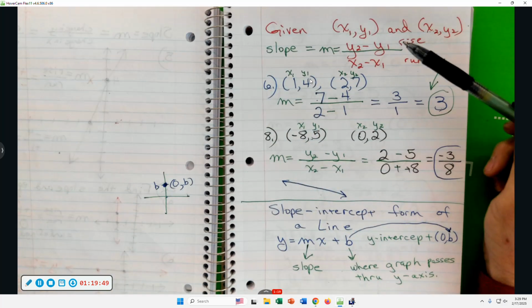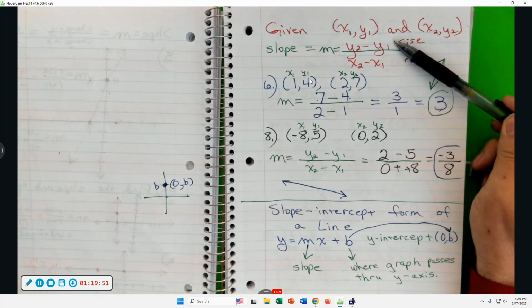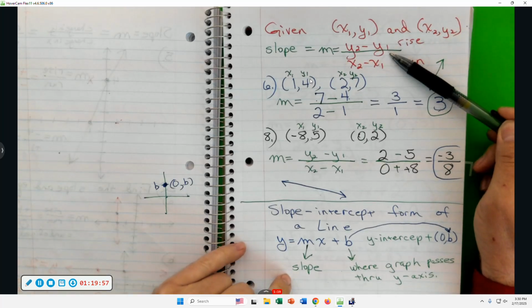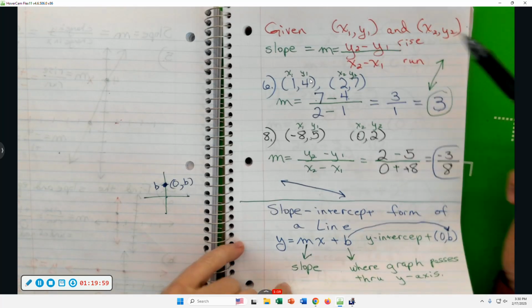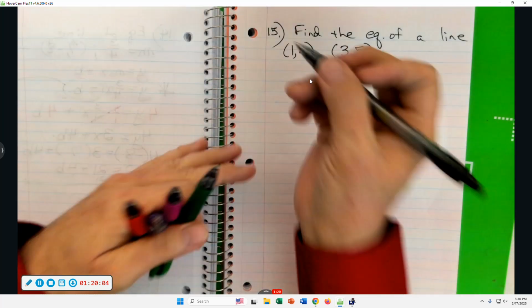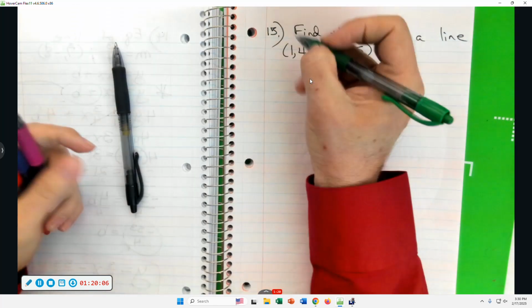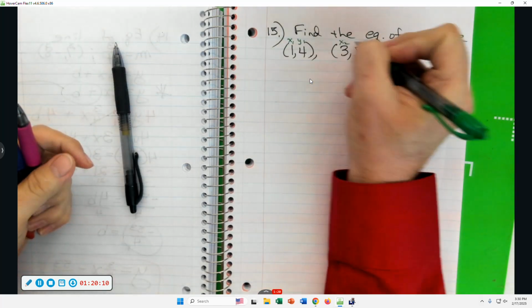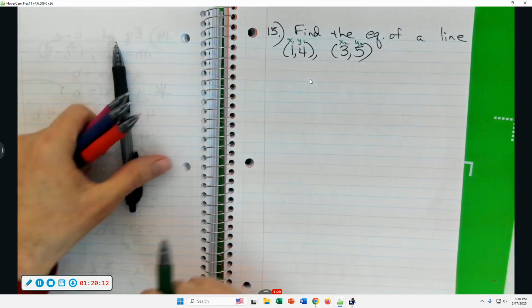So we're going to have an additional step on number 15. It's like number 14 once we find the slope. So the first thing we have to do is use the slope formula to find the slope of the line. I'm going to treat this as x1, y1, x2, y2.